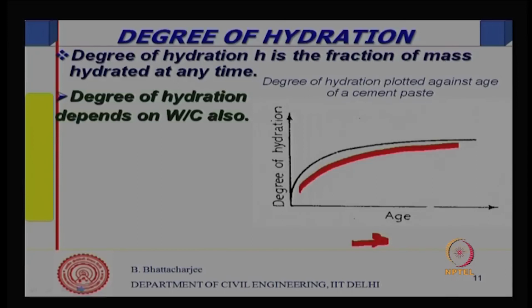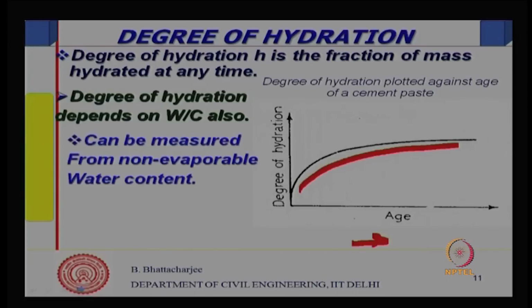many recent experiments have demonstrated that this degree of hydration is a function of water cement ratio as well. Even for high water cement ratios like 0.4, 0.5, 0.6, etc., it is a function of water cement ratio itself. And one can measure this from non evaporable water content. You take the cement paste at any age, prepared under controlled conditions with continuous hydration, and then block the hydration by some treatment.